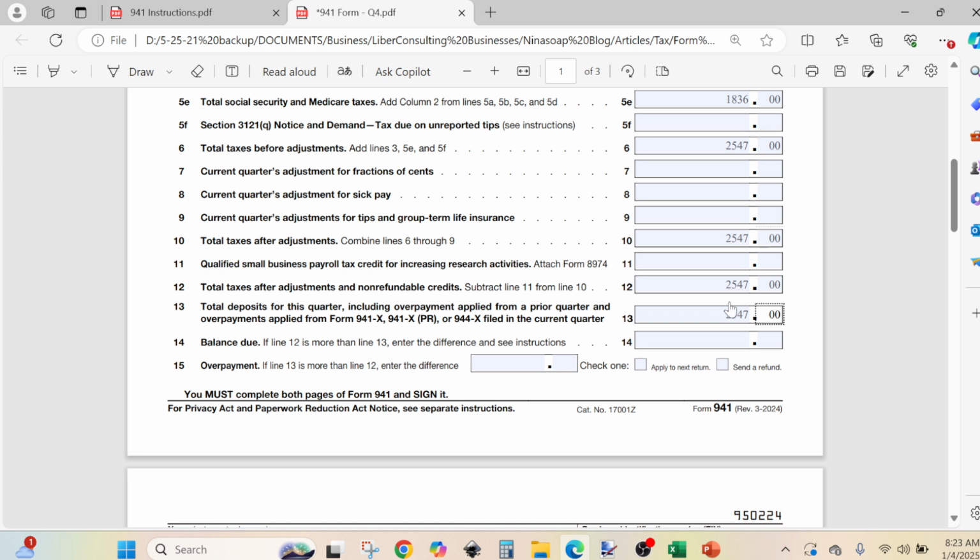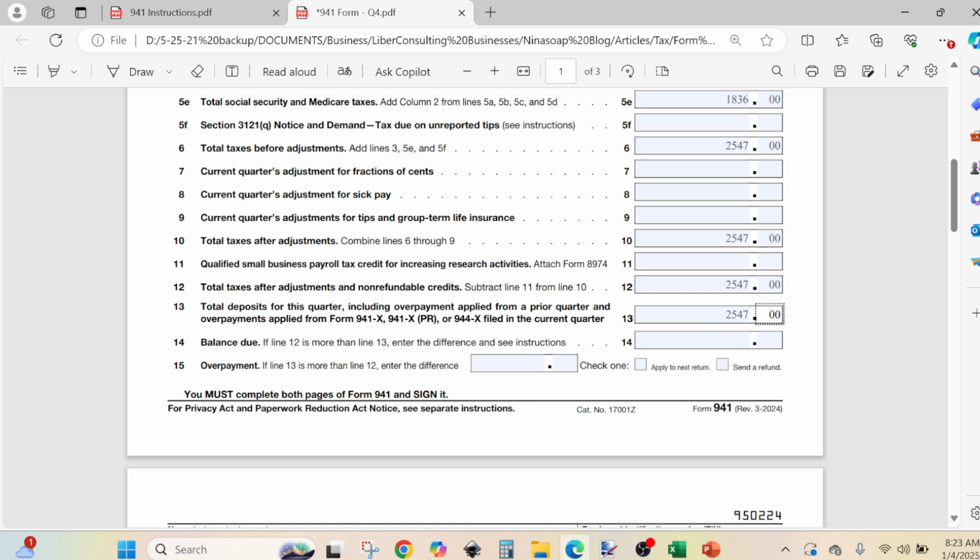Excuse me. And if the amount you deposited is more than your total liability for the quarter, you have an overpayment. You'll put it on line 15 and you'll check whether you want them to keep it to apply to another return, or if you want them to send you a refund. You check one of the two boxes.